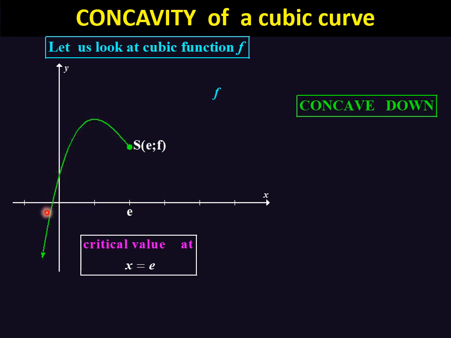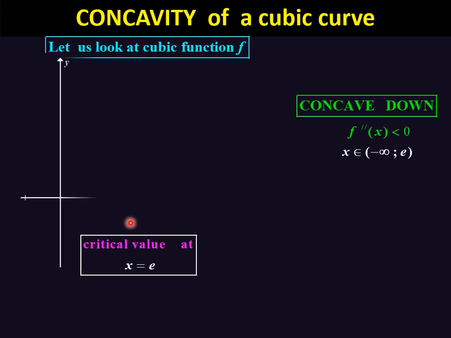See there, it goes down that way. That's concave down. So on the left of the inflection point, what will the interval be? That's correct, from negative infinity to e. So the second derivative must be negative. Then x will be between negative infinity and the critical value of the inflection point there, right?